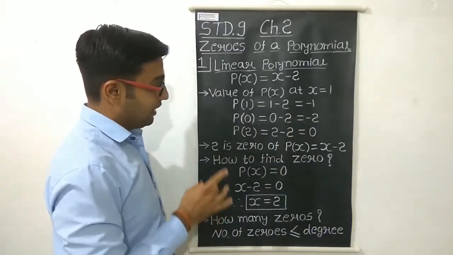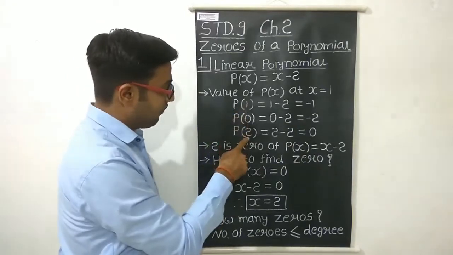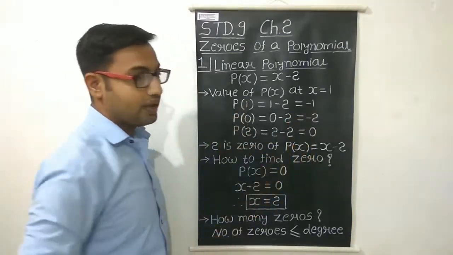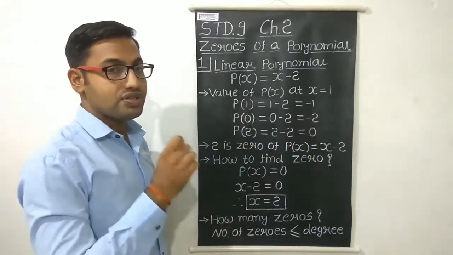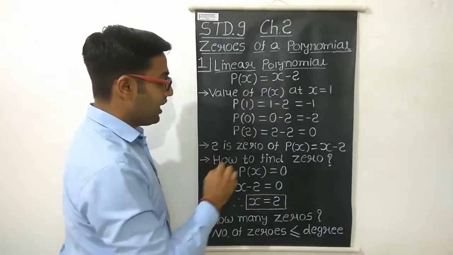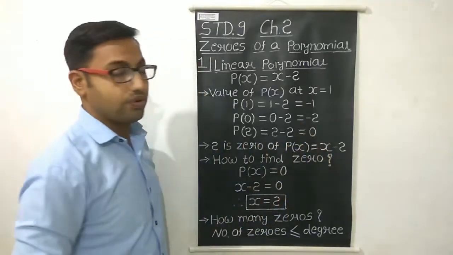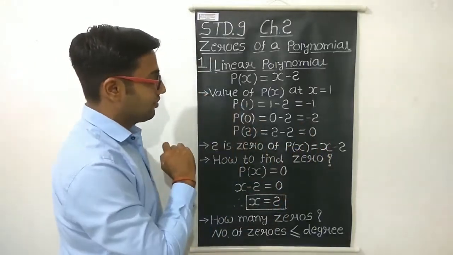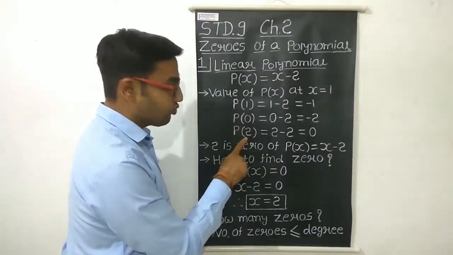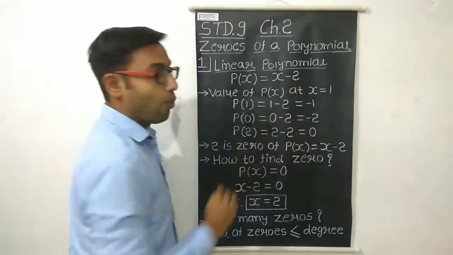So now as we know, we change the value of x, we get different values of the polynomial. But for some particular values of x, we get the total value of the polynomial equal to 0. In this case, if we put x is equal to 2, then this given polynomial becomes 0.